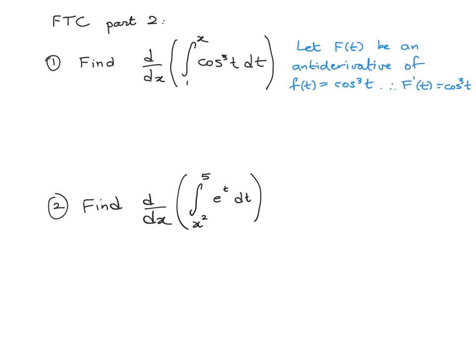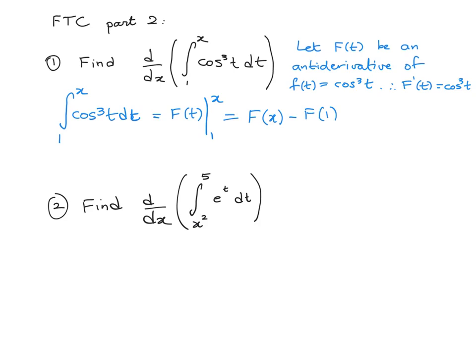Okay, so when I now work on just the integral part, the integral from 1 to x of cosine cubed t dt, that's going to be capital F of t, the antiderivative, evaluated between 1 and x. Or in other words, capital F of x minus capital F of 1.